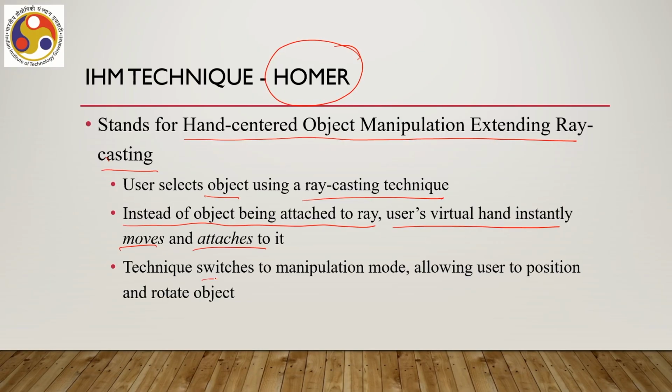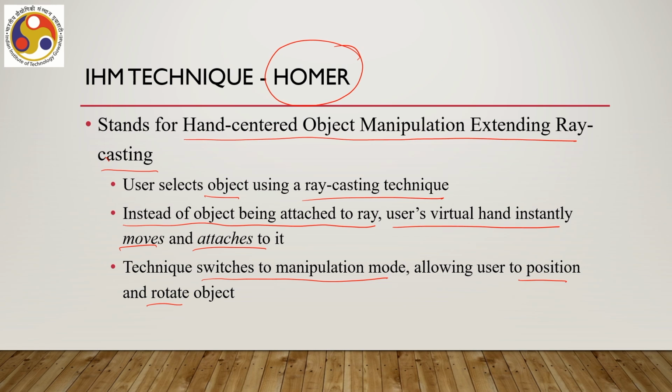Then the technique switches to manipulation mode, allowing the user to change the object properties including position and orientation. So, it allows the user to change the position as well as to rotate the object through hand manipulation.